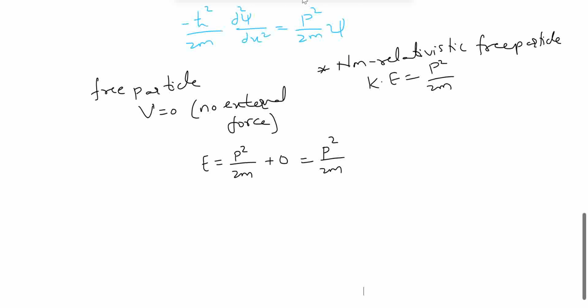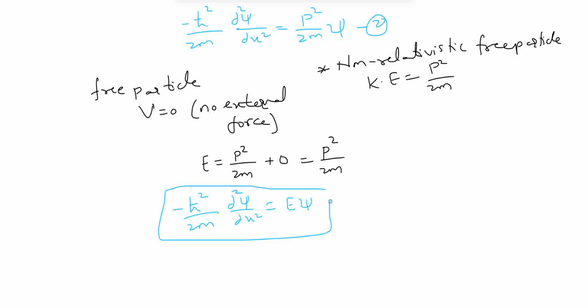Now, when we substitute E into the above equation 2, we get minus h cut square by 2m dou square psi by dou x square, which is equal to E psi. So this is the third equation.